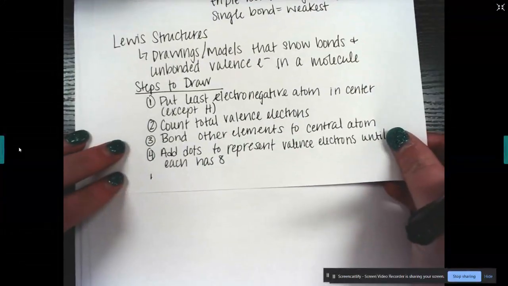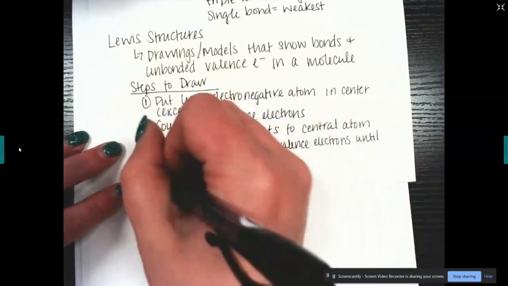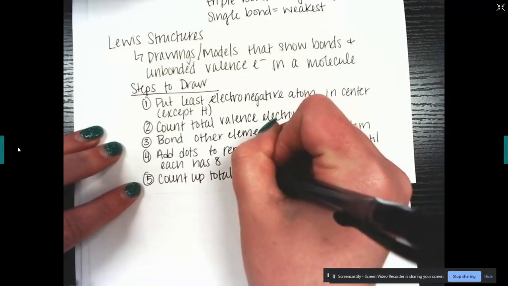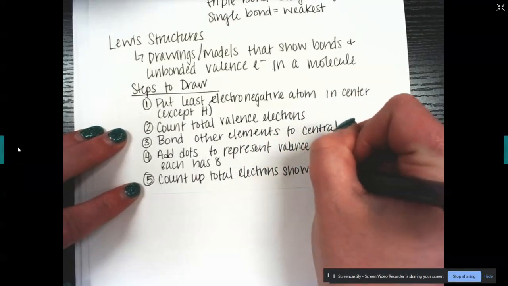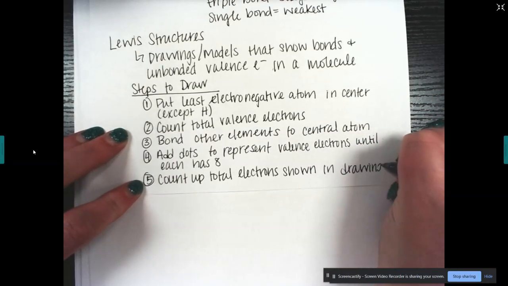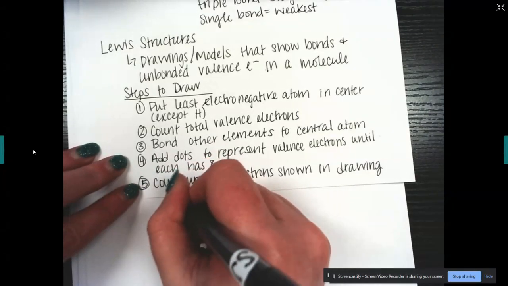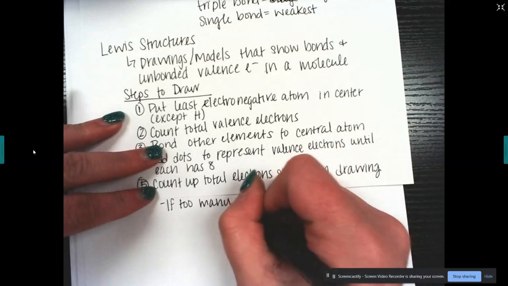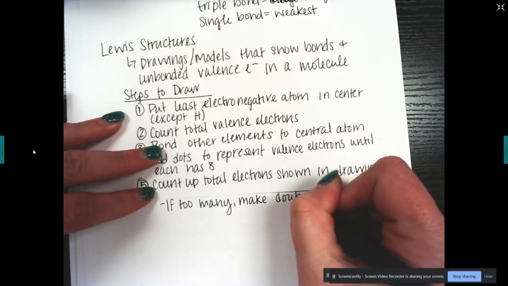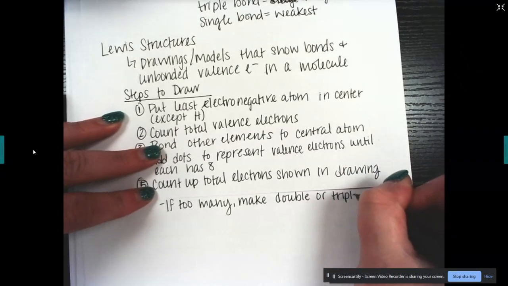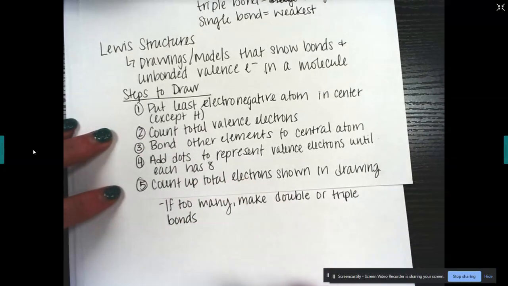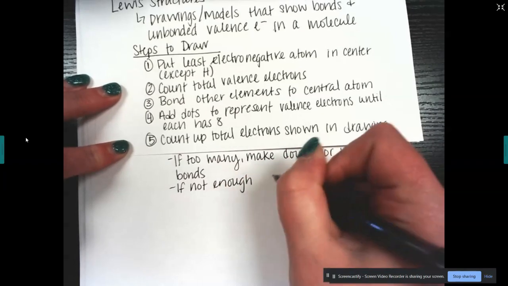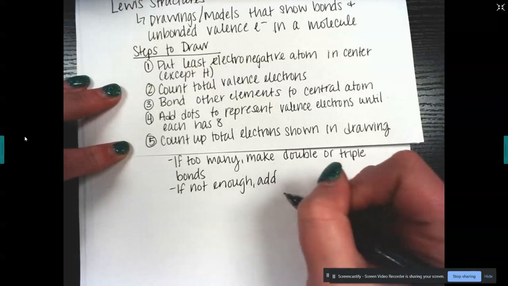Hold on. I'm gonna need more room. This is the last.